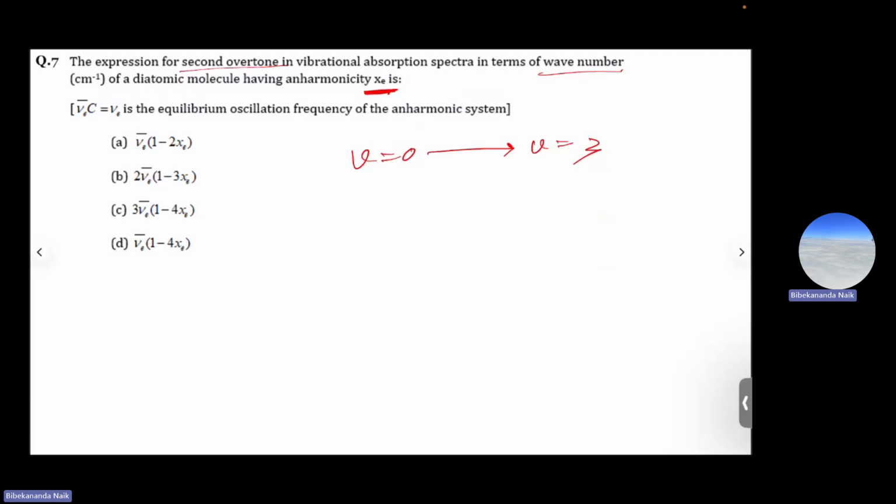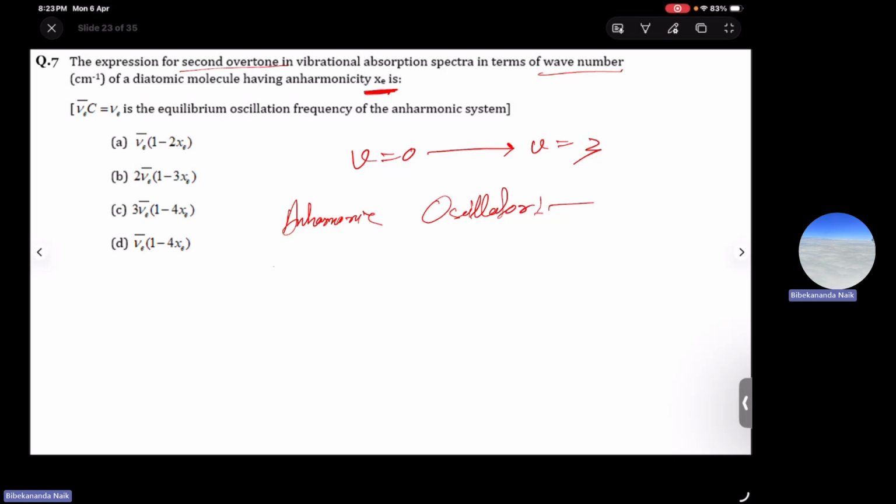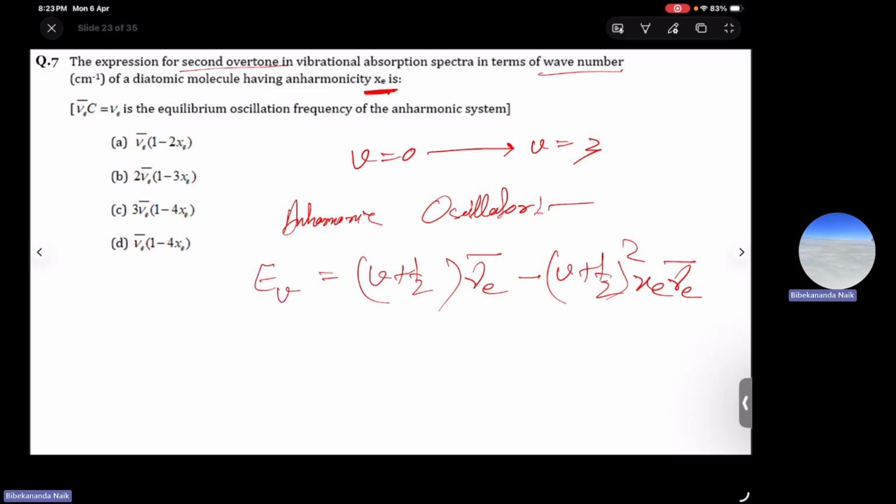So the second overtone corresponds to the transition from v equal to 0 to v equal to 3. So now if we calculate, in terms of an anharmonic oscillator, we have the energy corresponding to the quantum number v as (v plus half) nu e bar minus (v plus half) square xe nu e bar.